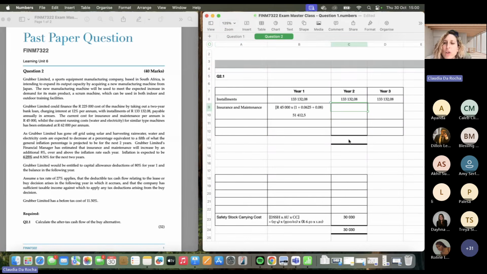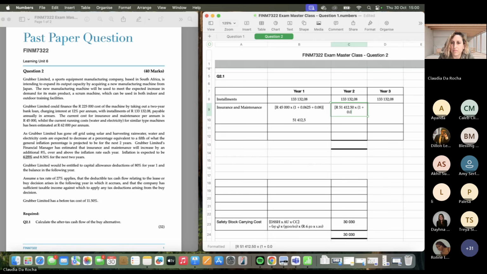Now I'll go to the next year. Because it's inflation, I'm going to take the 51,425. The inflation for the second year is 8.5%. Please look here. They said for the second year it's 8.5%. We know it's increasing.